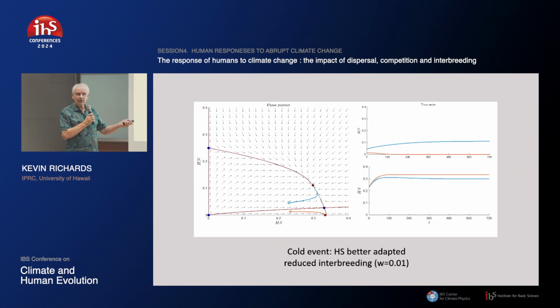This is very much likened to what has been speculated in terms of why the Neanderthals went extinct, in that if the population of the Neanderthals gets too small, then interbreeding or assimilation of Neanderthals into Homo sapiens will lead to the demise of the Neanderthals.